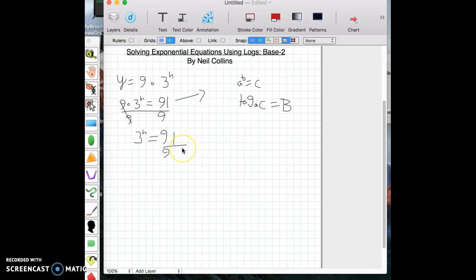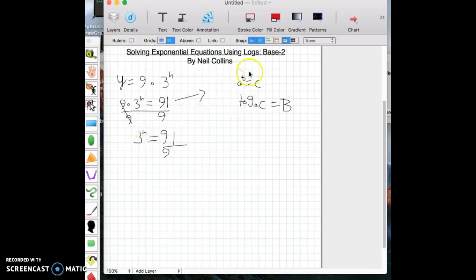And now this is where the exponential to log form will come into play. This form right here, 3 to the h equals 91 over 9, is clearly in exponential form, where this 3 is equal to a, h being b, and 91 over 9 being c. We need to convert this to log a c equals b.